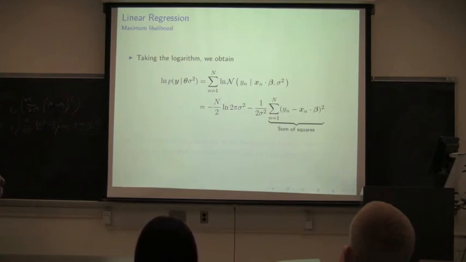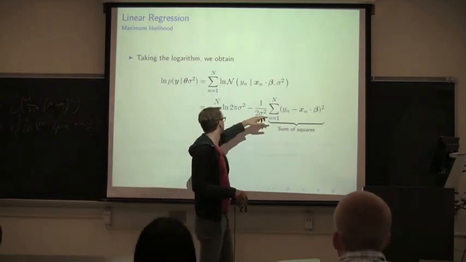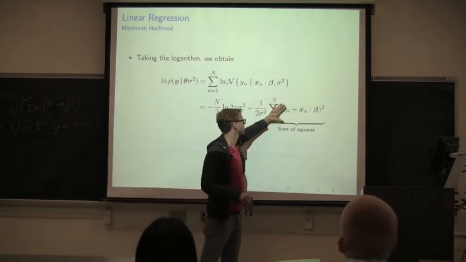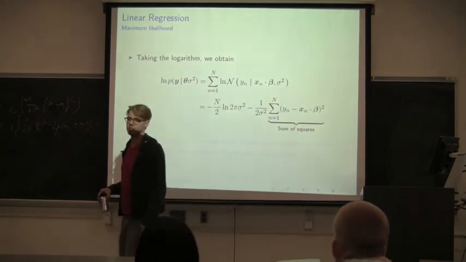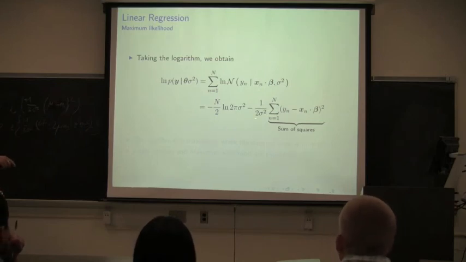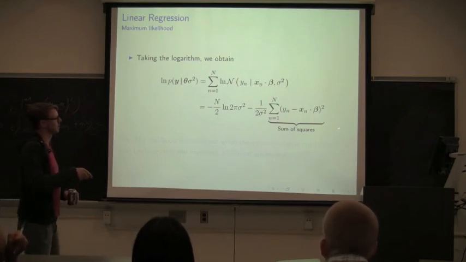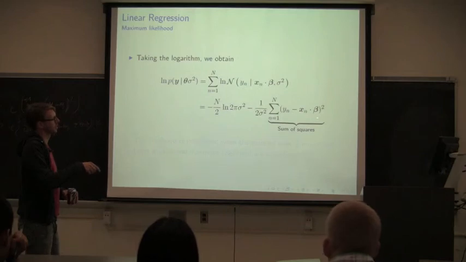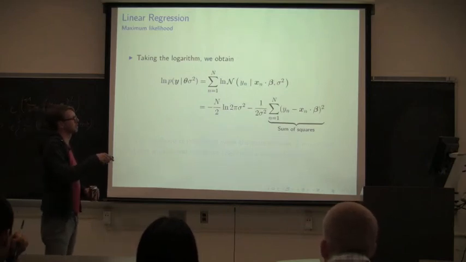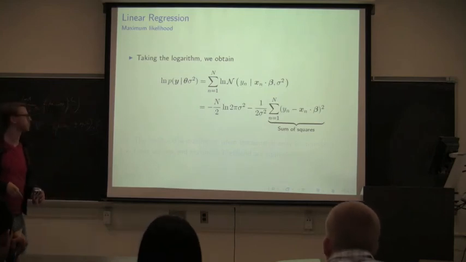If you want to find parameters that maximize the likelihood, then the part that we need is again only this data term, which is the sum of squares. So the parameters beta that maximize the likelihood are exactly the linear function that has the least sum of squares difference to y.